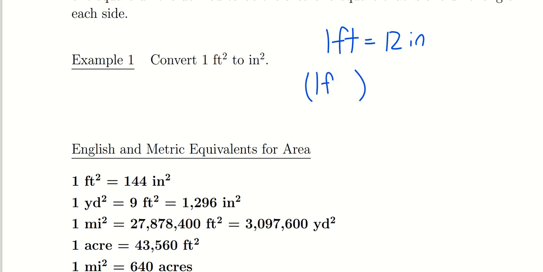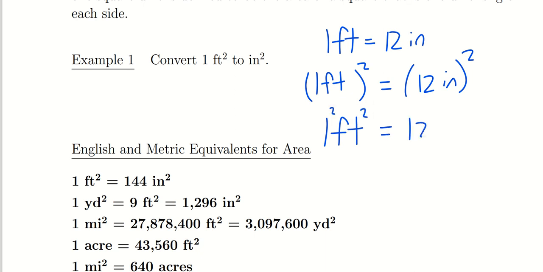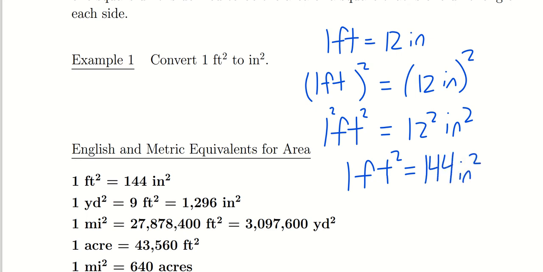If I square the left-hand side of this equation, I also have to square the right-hand side. Not only do the numbers get squared, but the units get squared too. So 1 foot squared will be equal to 12 squared inches squared, and we find out that 1 square foot is equal to 12 squared. That's 12 times 12, which is 144 square inches.